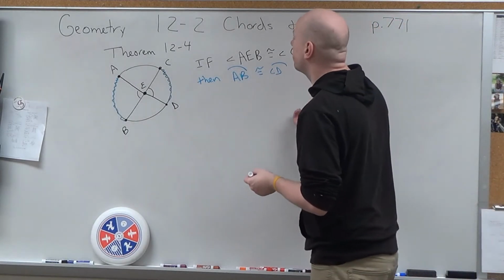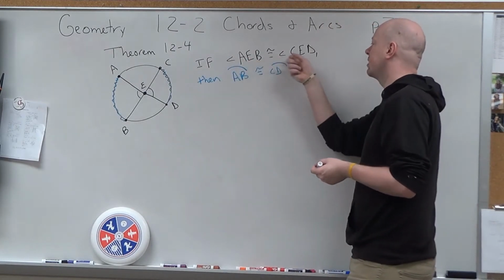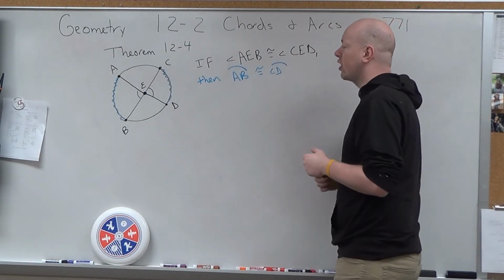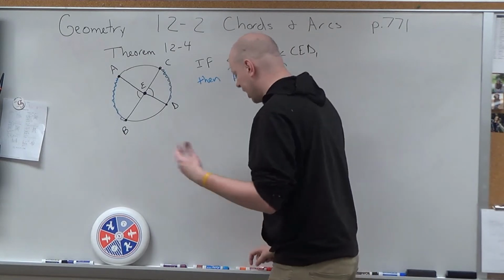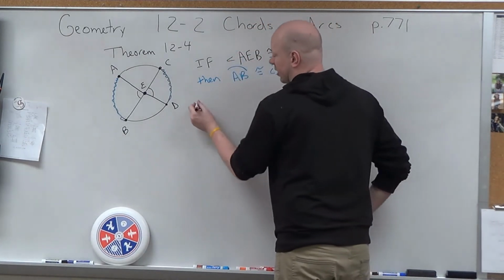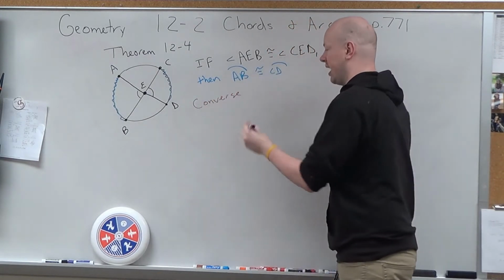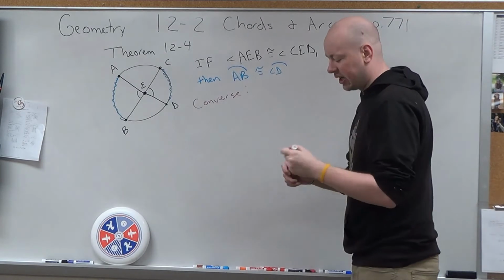Okay. So theorem 12-4 says if angle AEB is congruent to angle CED, then the arcs have to also be congruent. Now the cool thing is, its converse works the same way. So the converse just says, again, the opposite direction. I can flip them.